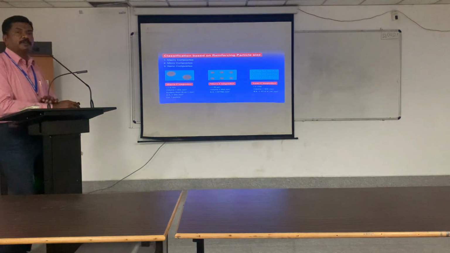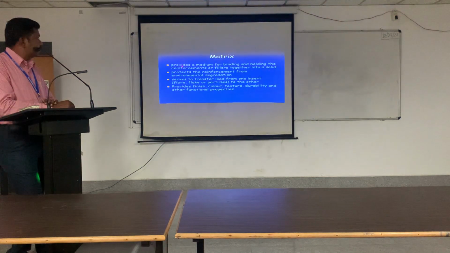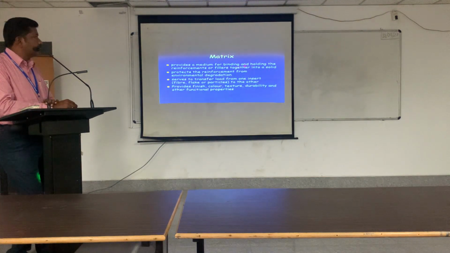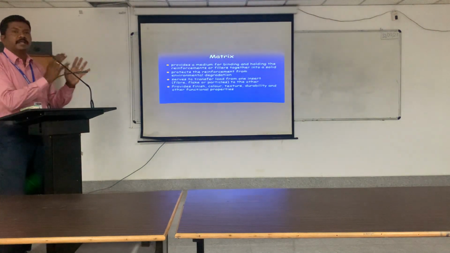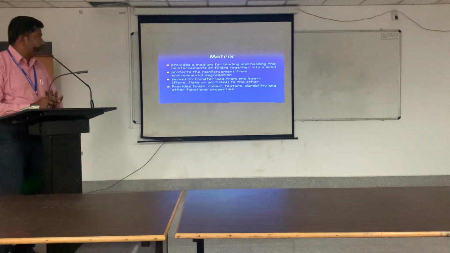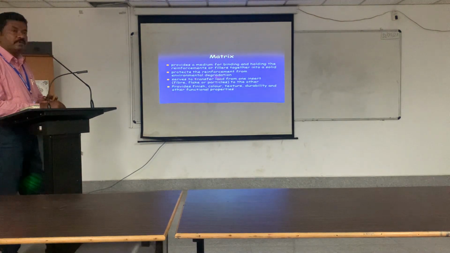What are the functional requirements of the matrix and the reinforcement? The first one, matrix. Matrix provides a medium for binding and holding the reinforcement or fillers together into a solid. It helps to retain the reinforcement at the appropriate place. Okay. Protects the reinforcement from environmental degradation.